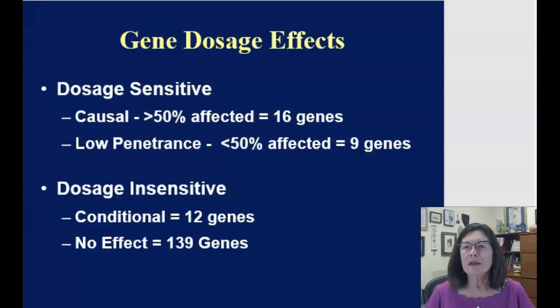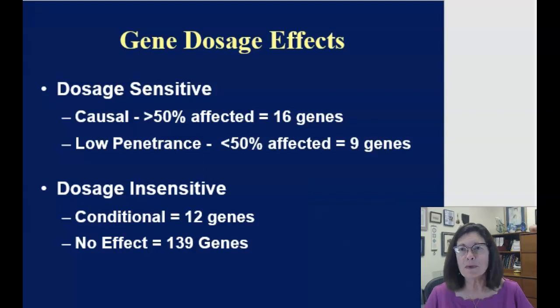In fact, in dosage-sensitive genes, there are 15 of the 263 on chromosome 18 that we consider causal. And if you have a deletion of one of those genes, more than 50% of the people are affected by that, or greater than 50%.